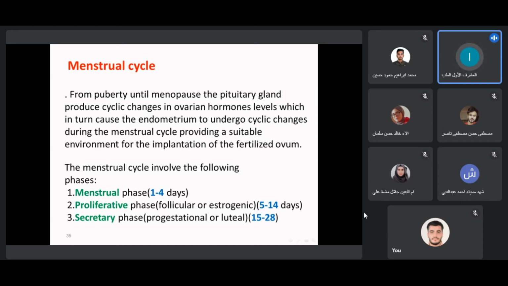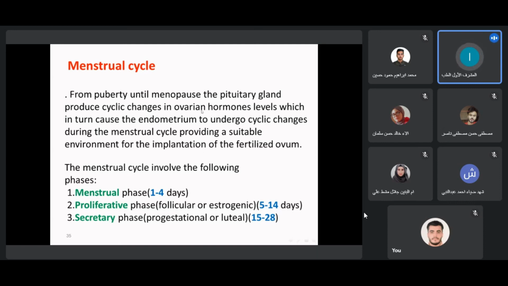This process is under hormonal influence. The hormones from the pituitary gland, which are FSH and LH, the follicle stimulating hormone and luteinizing hormone, produce the cyclical changes in ovarian hormones by acting on the development of ovarian follicles, and ovarian follicles produce estrogen and progesterone.